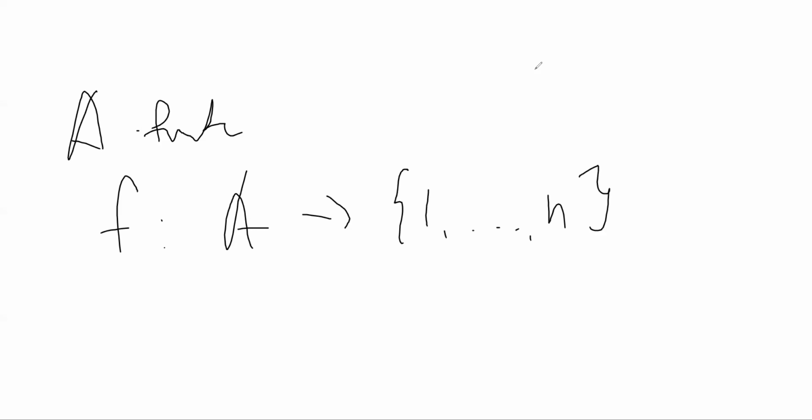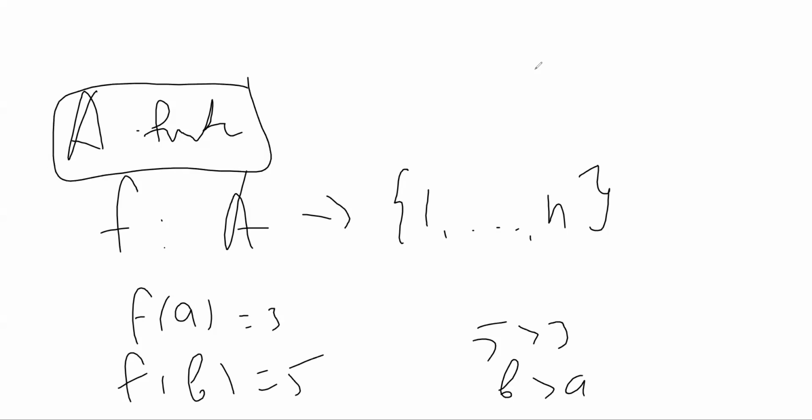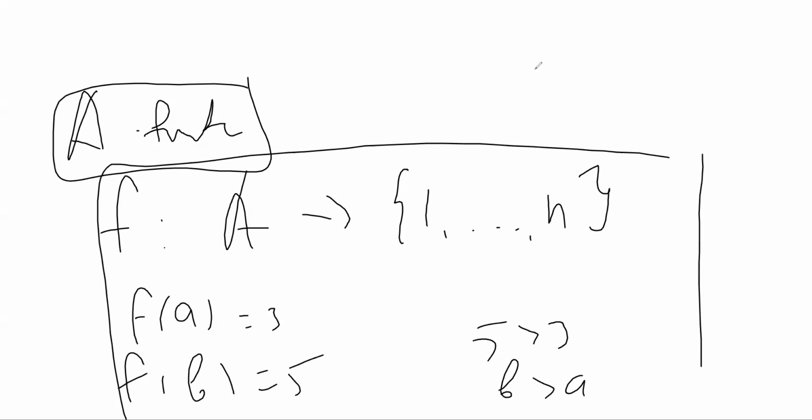Because if element a is mapped into 3, and element b is mapped into 5, because 5 is bigger than 3, you can order so that b will be bigger than a. So if you have a finite set, a function like that can help you to order it.